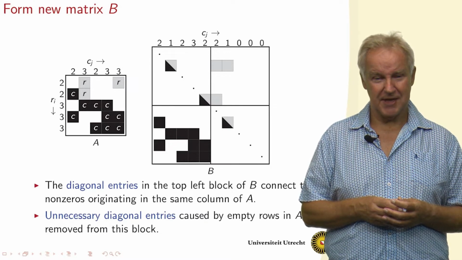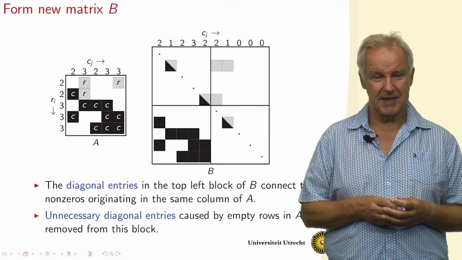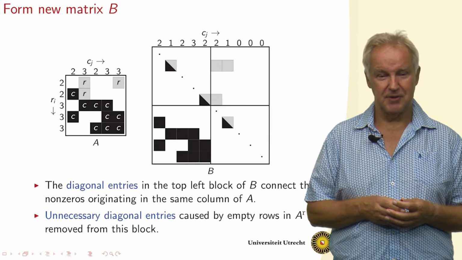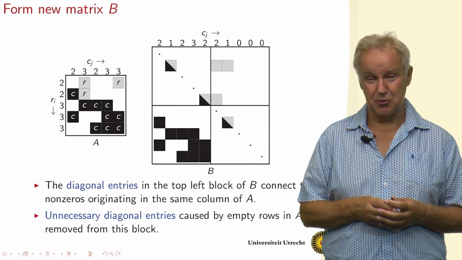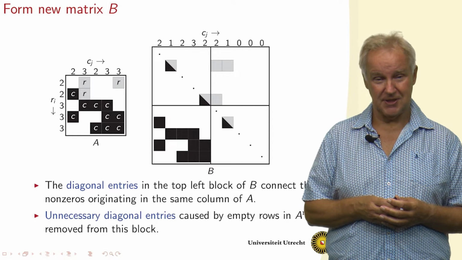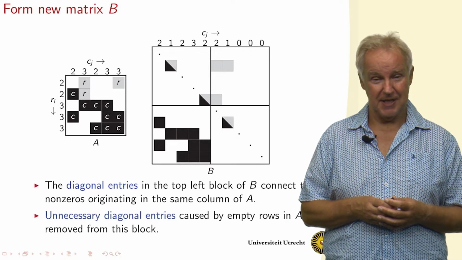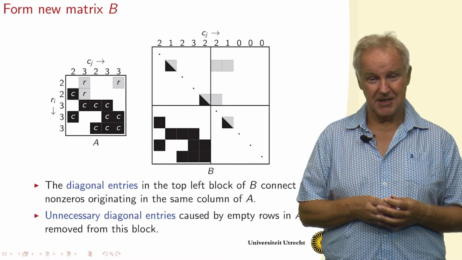And then we also have diagonal entries, and that's really, if you look at, for example, column 1, which has 2 gray entries and 1 black entry, then that column is being split.